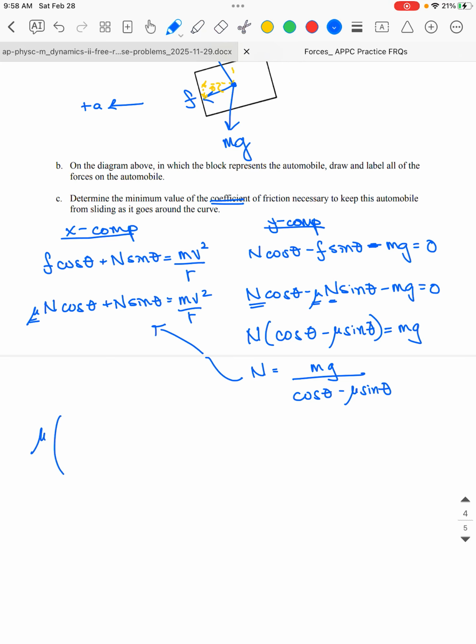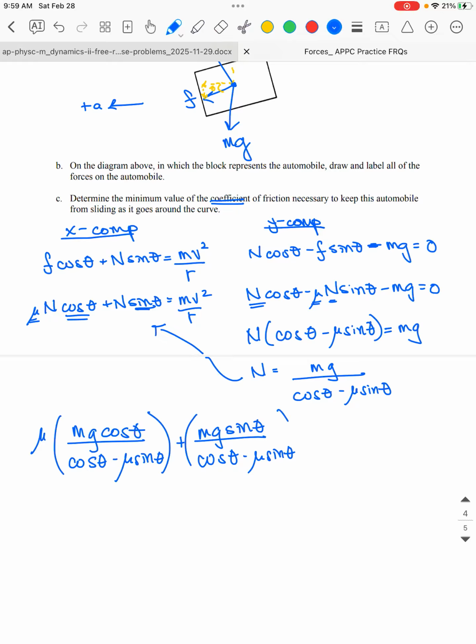So mu times the normal force, that's mg, I'm going to multiply this cosine theta, and then the denominator. And then I'm going to add this, and let me just make sure I'm doing the signs correctly because I always mess up my signs. mg sine theta, I'm going to add this in there, over cosine theta minus mu sine theta, is equal to mv squared over r.